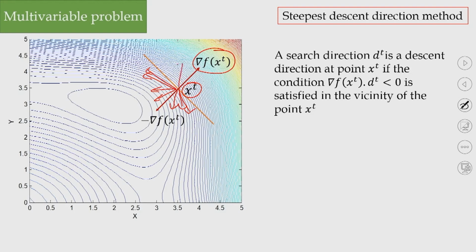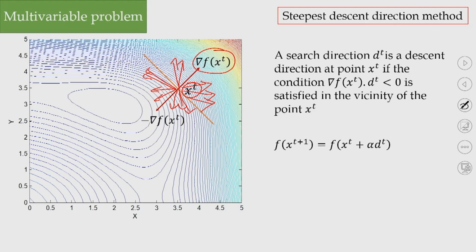Now if I go along this direction, your function value will not decrease, it will increase. Therefore, those particular directions are not descent directions. So I can define a search direction dt as a descent direction at a point xt if the condition del f at xt dot dt less than 0 is satisfied in the vicinity of the point xt. I can prove that.